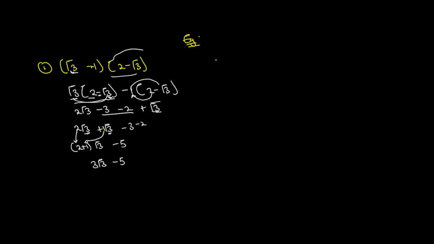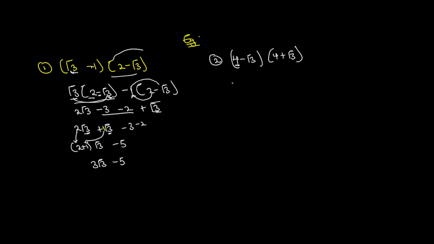Let's take our last example. I don't want to waste much of your time, but you have to solve more examples so that you understand the concept very well. I have 4 minus root of 3, and then 4 plus root of 3. So we go by the binomial expansion or the expansion method. We expand this. What do we have?